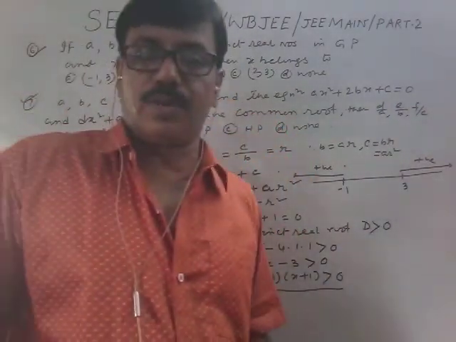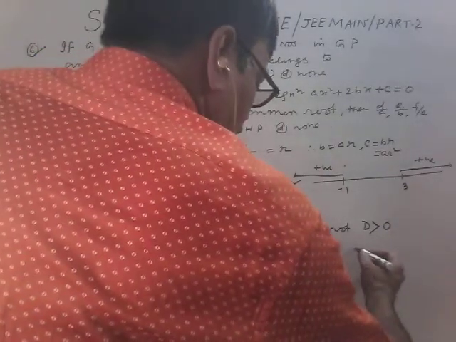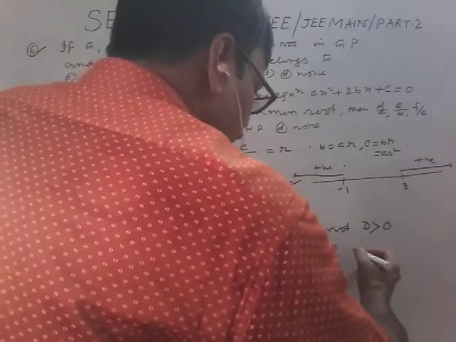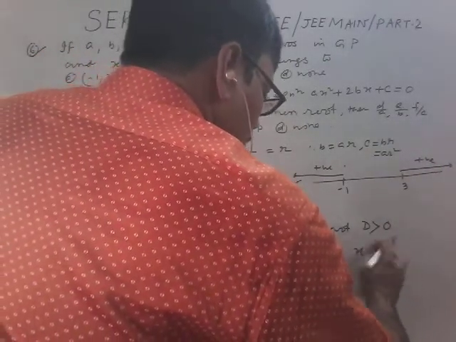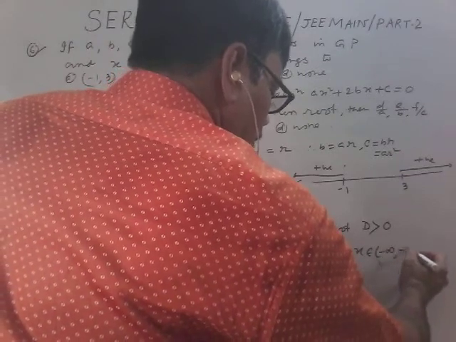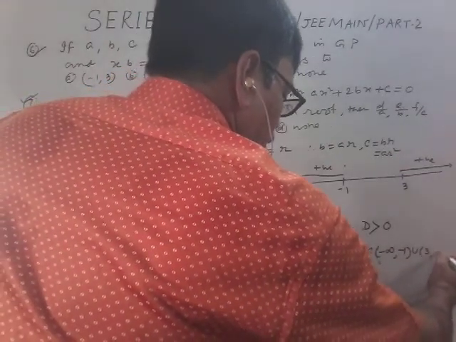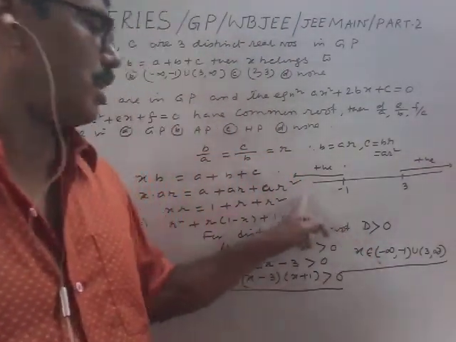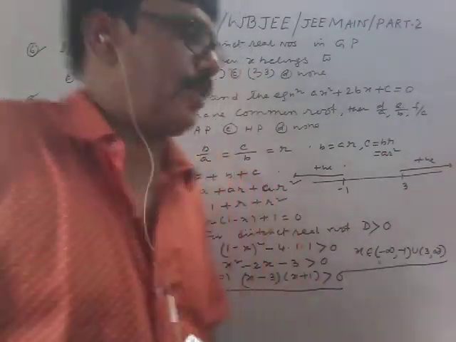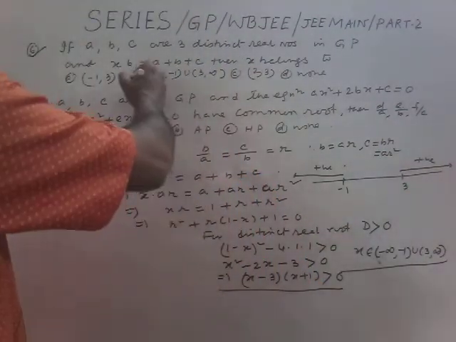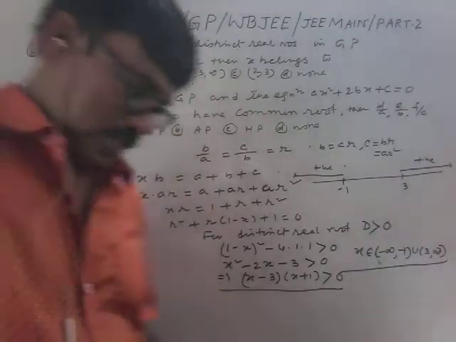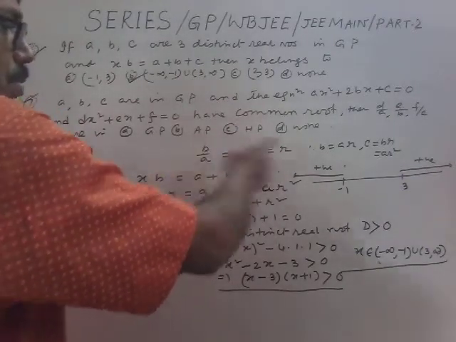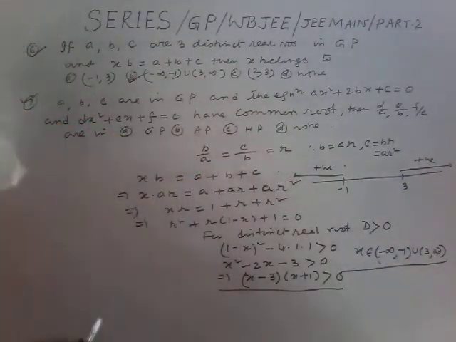So what is our possible answer? x belongs to minus infinity to minus 1 union 3 to infinity, that is, less than minus 1 and greater than 3. So they are in GP. So express B and C in terms of our put value.